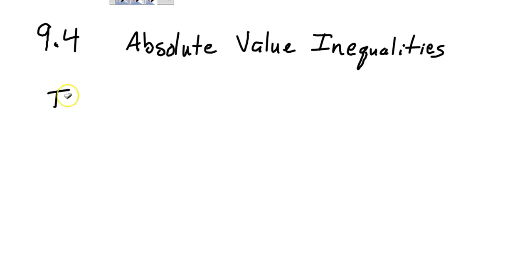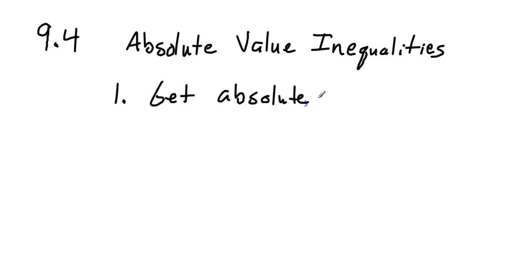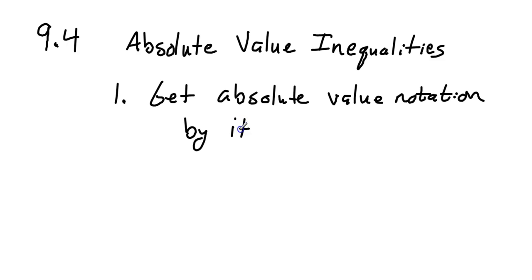Okay, now, before we get to the different types here, here's what you've got to realize. When you're going through the absolute value inequalities, just like the equations, you've got to get the absolute value by itself. Now, for this one, we're going to go one more step on it.